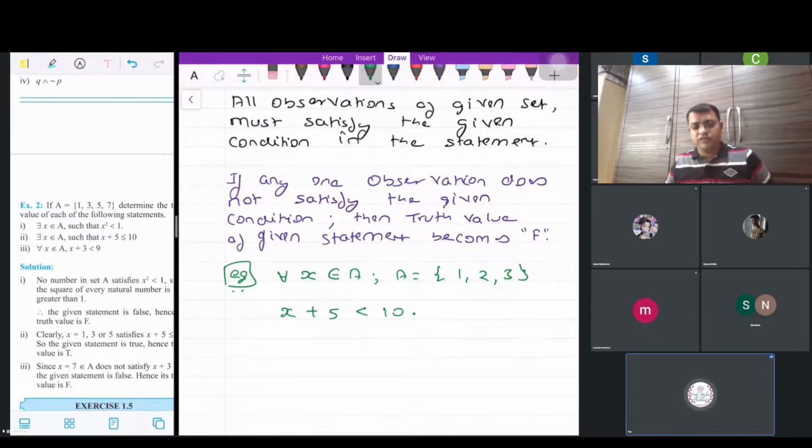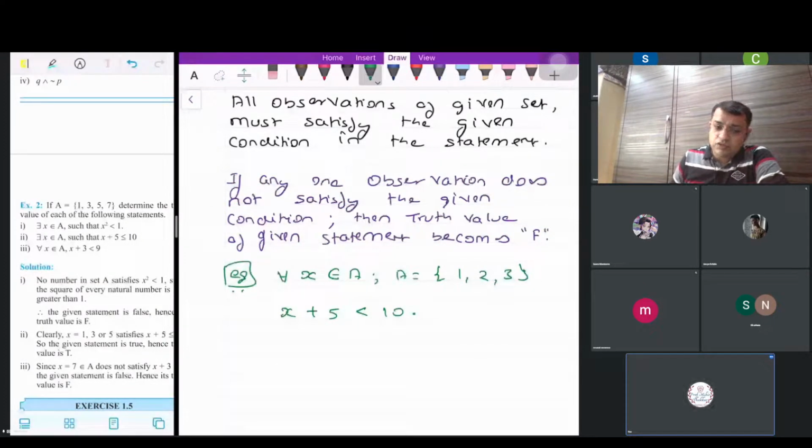So very clearly x belongs to A. What are the possible values that A has? 1, 2, 3. So what are the different possible values that x can take? It is again 1, 2, 3. x can be either 1 or 2 or 3.